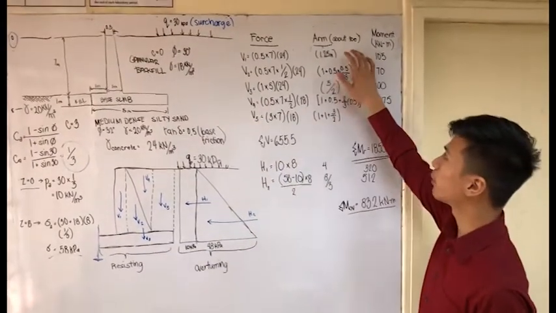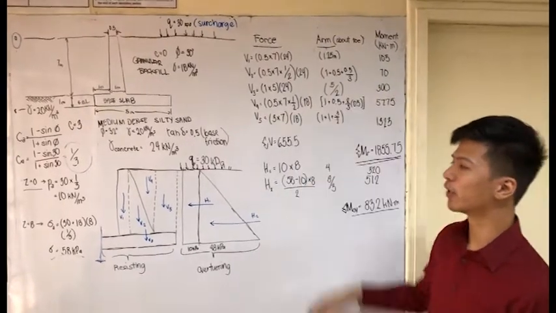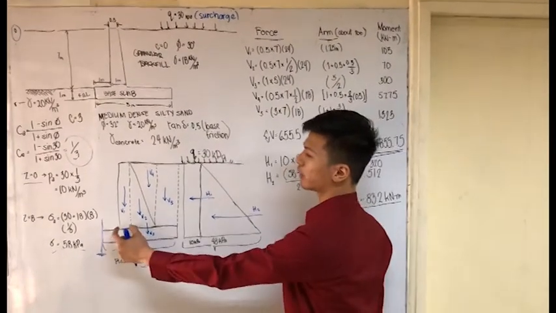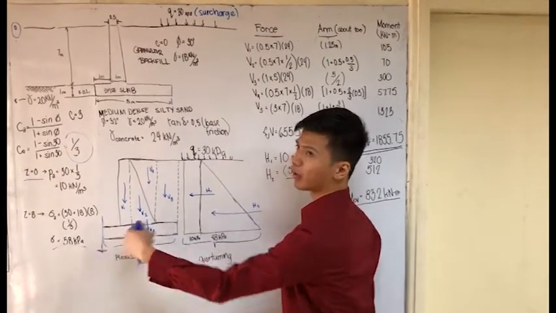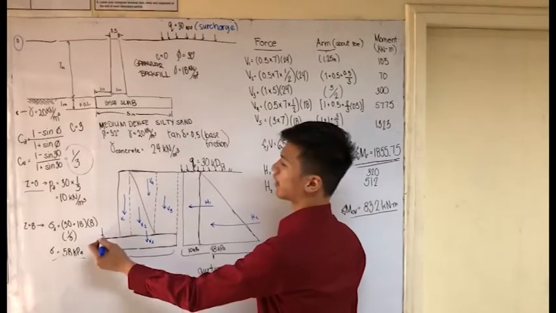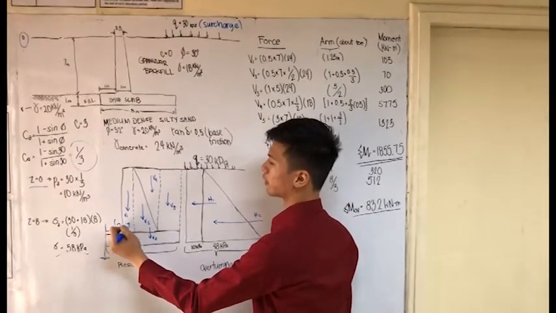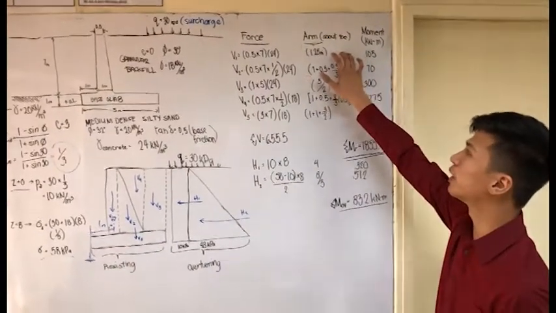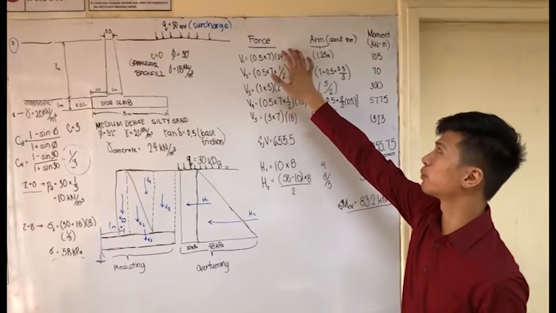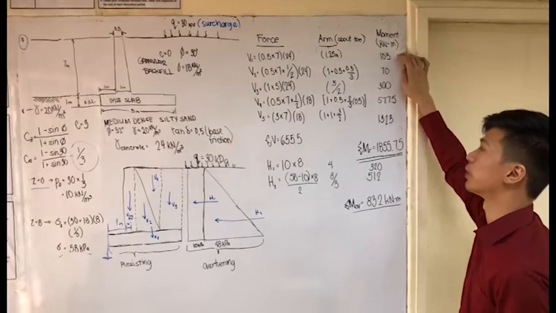We had 1.25 meters of lever arm, which we got from the centroid of the area of V1 plus an additional length of 1 meter, there, 0.25. We multiply the force by the arm to get its moment, which is 105 kilonewton-meters.